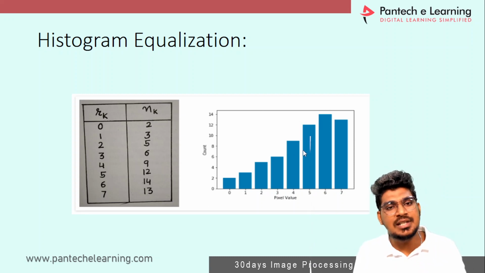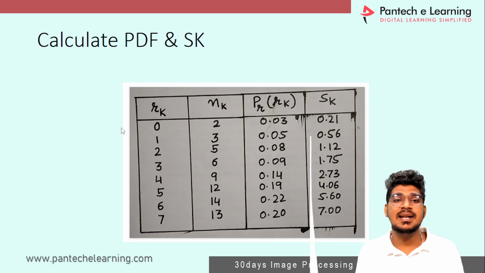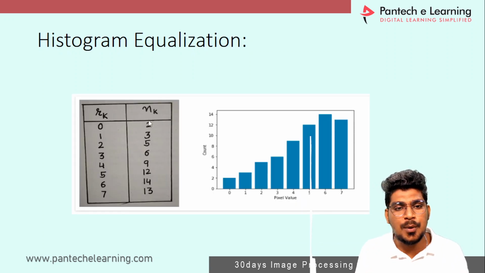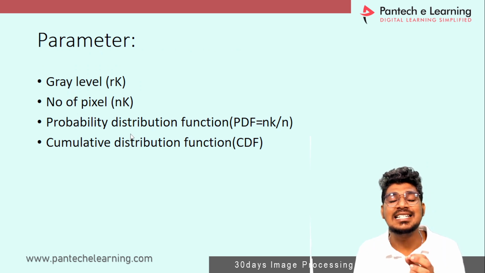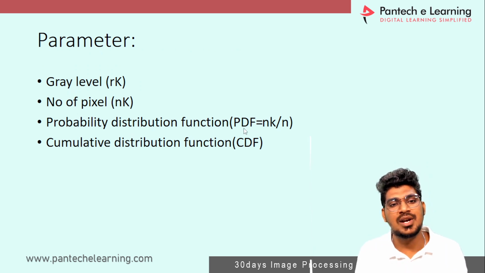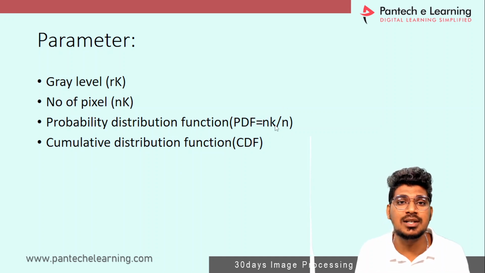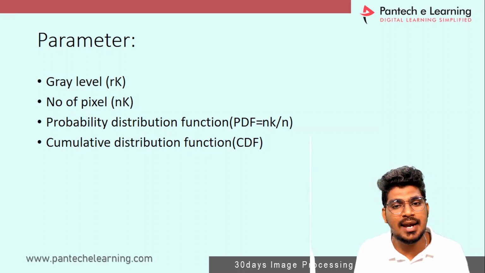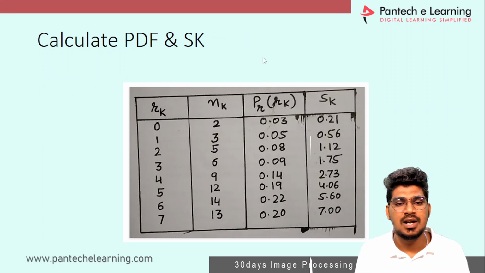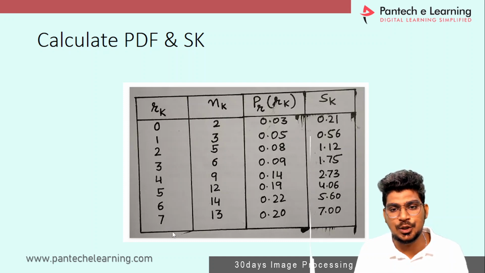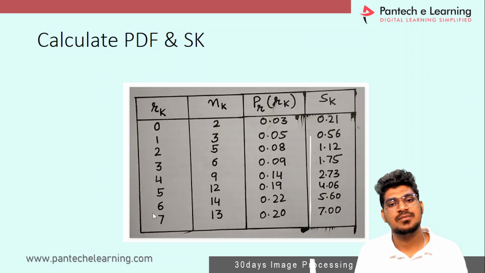Understood, right? So now after that, calculate the PDF, the probability distribution function. We are going to calculate it with the help of the formula nk divided by n. Nk means the number of pixels. Clear? So now I am going to enter the calculation. See, it is going to be divided by this particular thing.